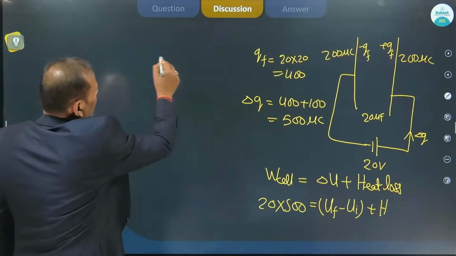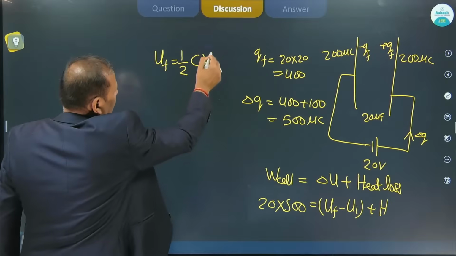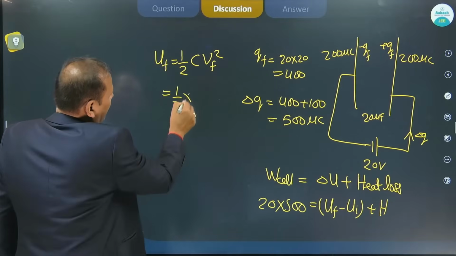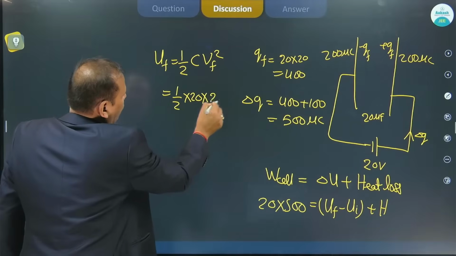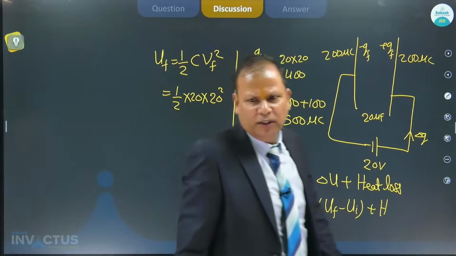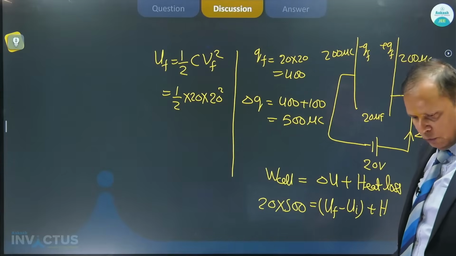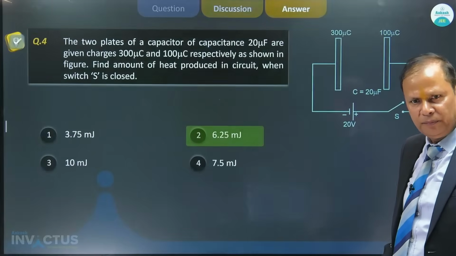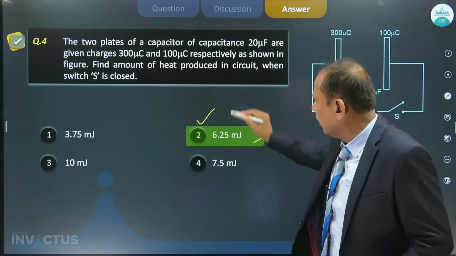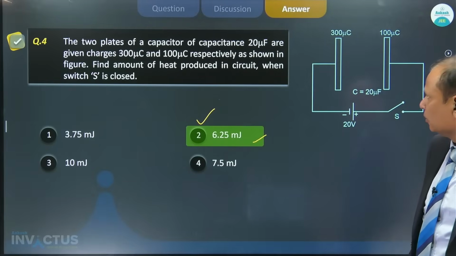So U final is half C V final square, that is half into 20 into 20 square. Just by putting all these values, you can solve it and you will get the right answer. And the answer will be 6.25 millijoule. Next question, please.